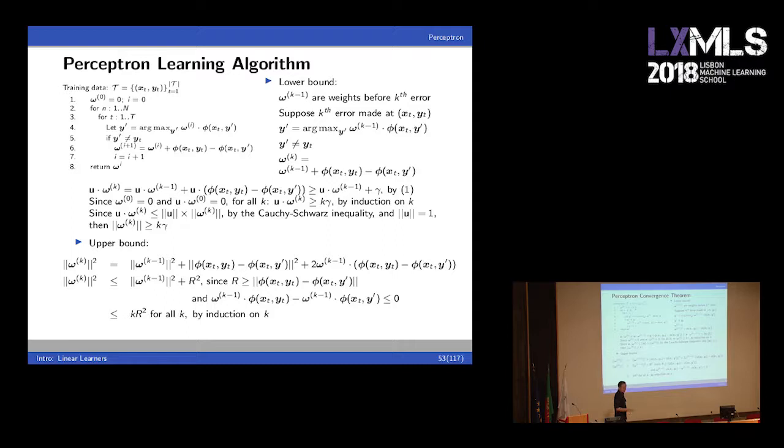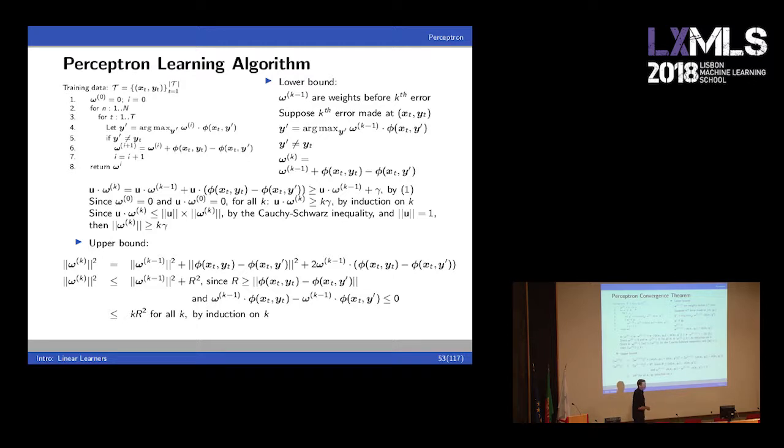Then the upper bound, so we come from the other side. What we do is we expand the norm of wk squared by expanding the right-hand side. So this is wk minus 1 squared plus the feature difference squared plus 2 times the feature difference and weight vector, right?